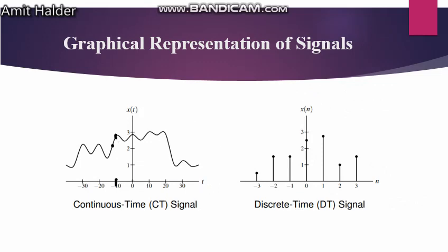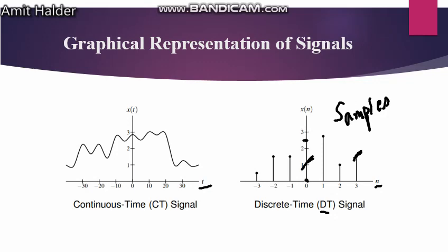Continuous time signal is a mere representation of time, a function of time. In discrete time signal, it depends on samples. What does it depend on? Samples. And each and every sample has a certain value.